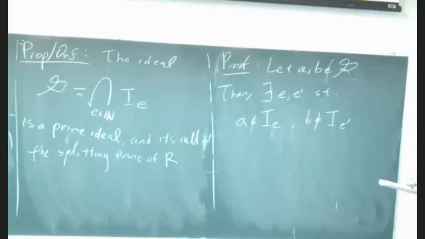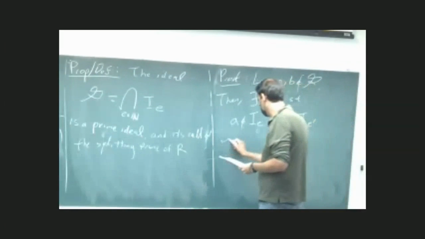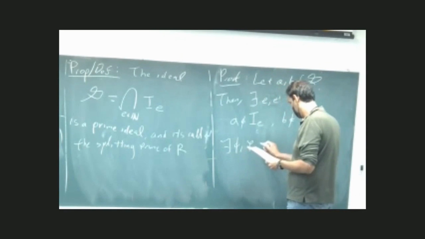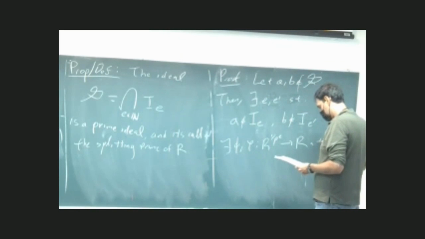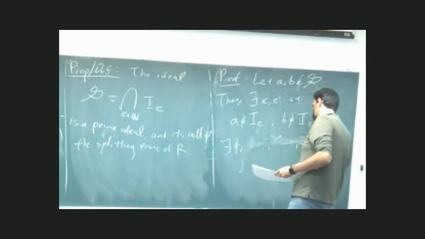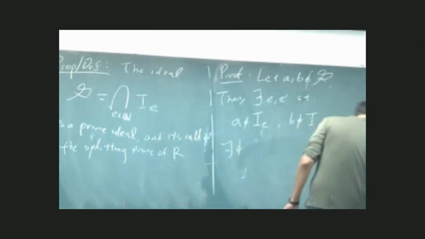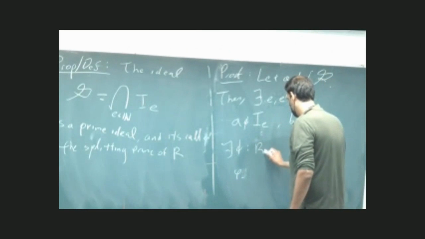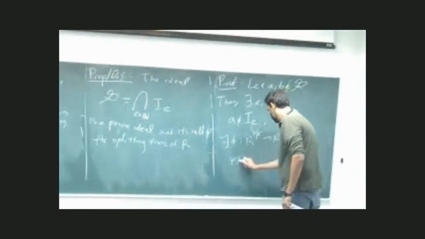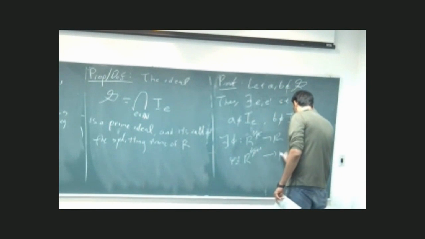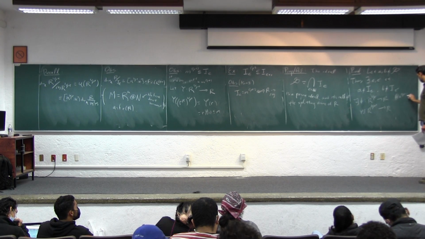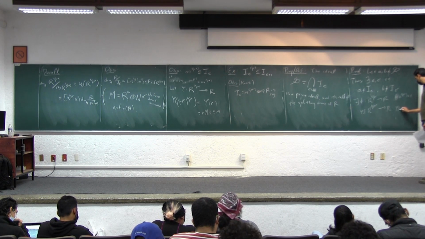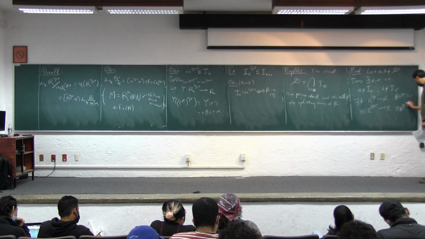So that means that there exist phi and phi bar, maps from R 1 over p to the e to R, and from R 1 over p to the e prime to R, such that phi of a 1 over p to the e is equal to 1, and phi bar of b 1 over p to the e prime is equal to 1.